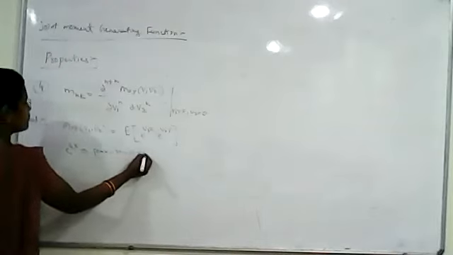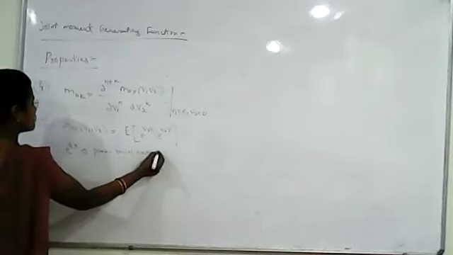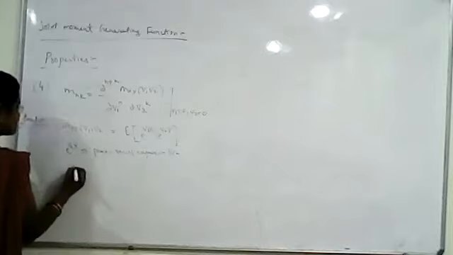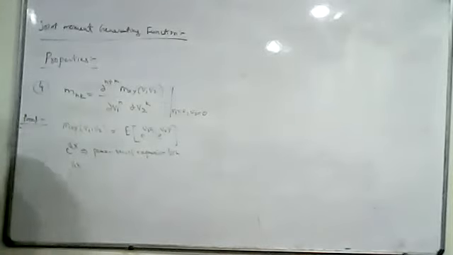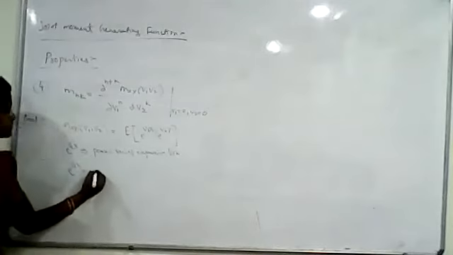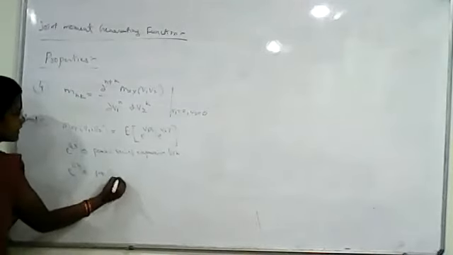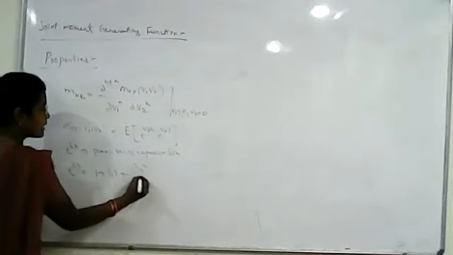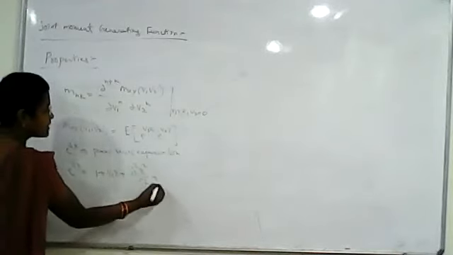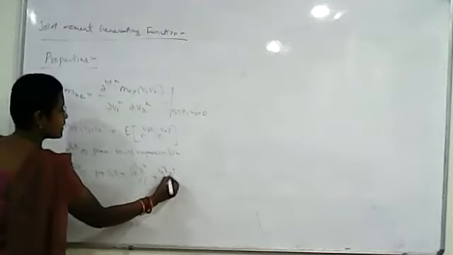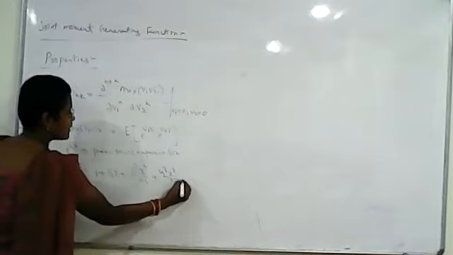If you write it in series expansion form, e power v1x can be written as 1 plus v1x plus v1 square x square by 2 factorial plus v1 cube x cube by 3 factorial, and so on.